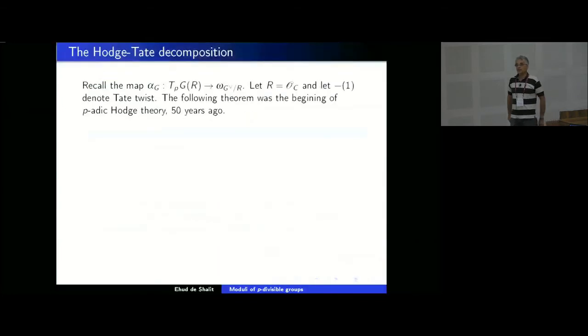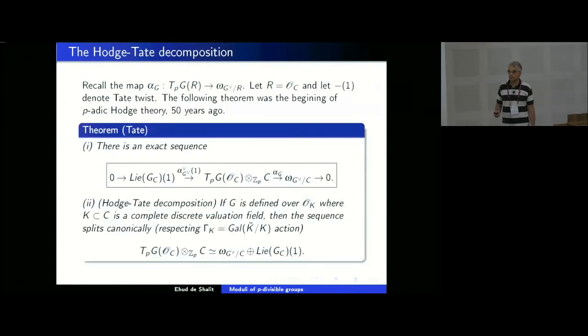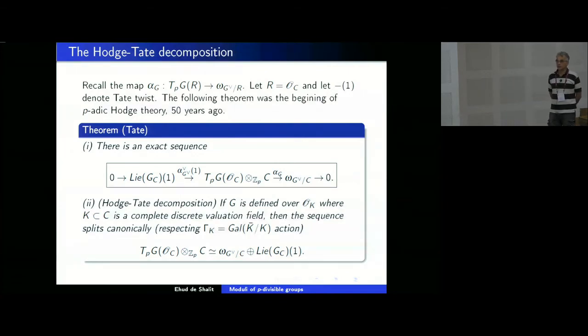So now we get to the second period map, the Hodge-Tate map, and I want to recall something that was perhaps the beginning of p-adic Hodge theory 50 years ago, that appeared in Tate's paper on p-divisible groups. So recall that we had this map, alpha_G, that goes from the p-adic Tate module of G to the cotangent space at the origin of the dual, omega_{G^}, or G dual.